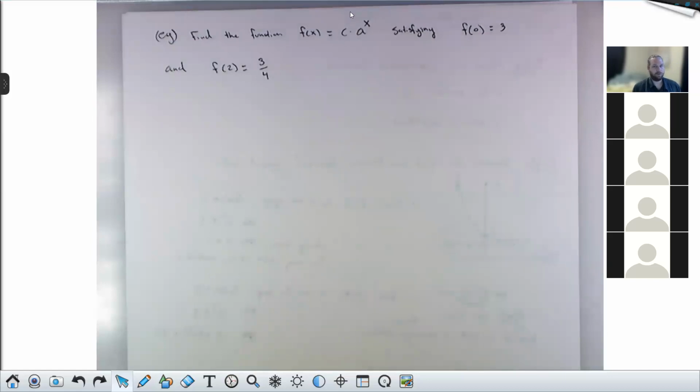So here, instead of saying my function is just a to the x, I'm saying it's some constant times a to the x, which would be a classic transformation of the regular a to the x, right? It's a vertically scaled version of a to the x.